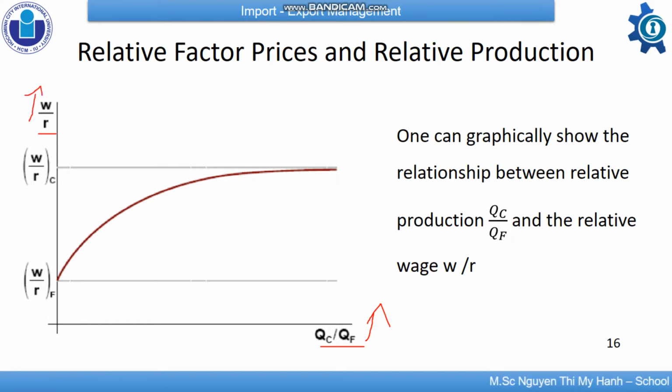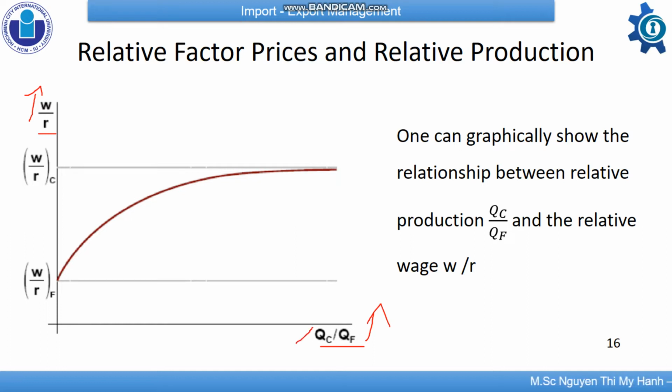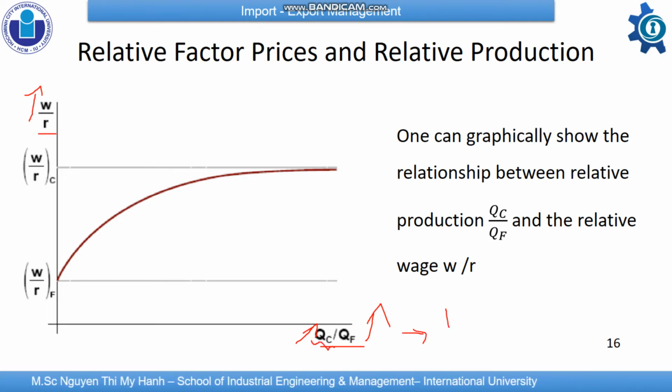So they have a positive relationship. We can explain that when the quantity of production of cloth increases, the demand for labor will increase.